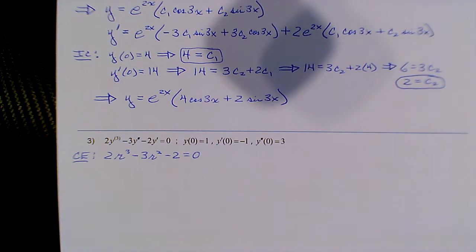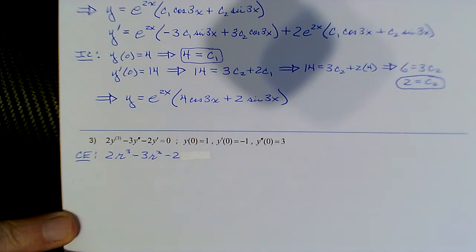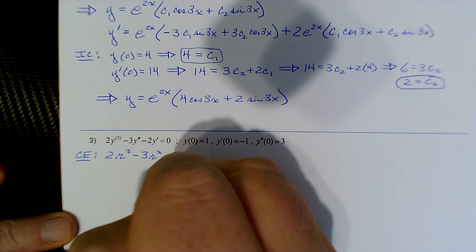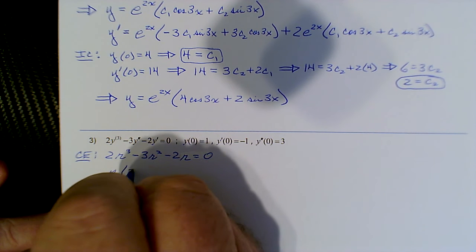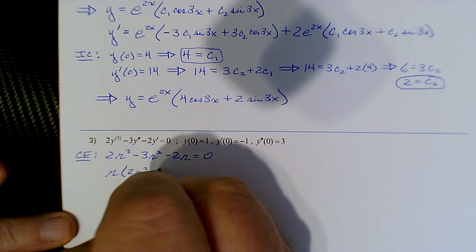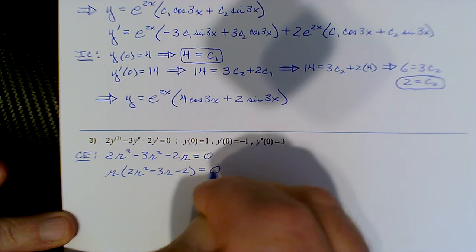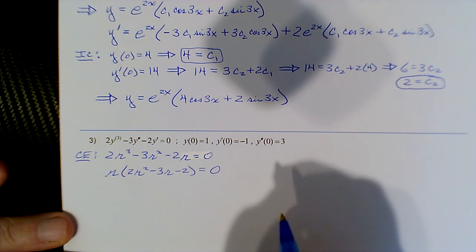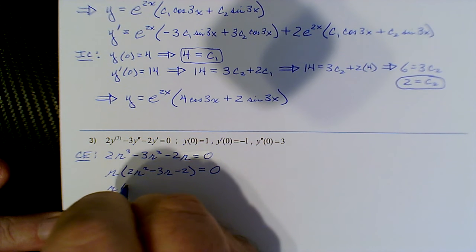I'm sorry, minus 2r, that's a y prime. And we first factor out an r, so then we have 2r squared minus 3r minus 2 equaling 0. And that quadratic actually factors.